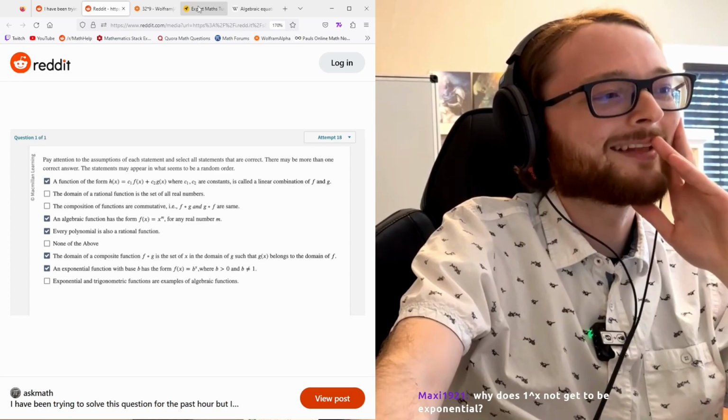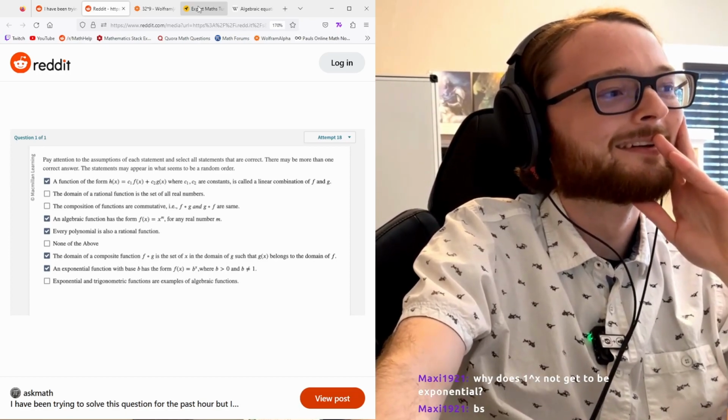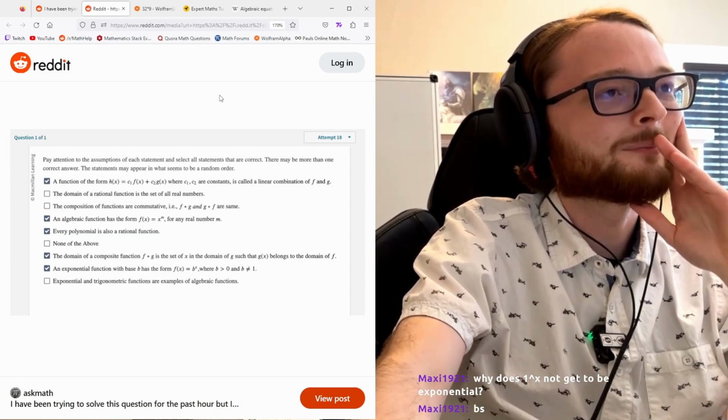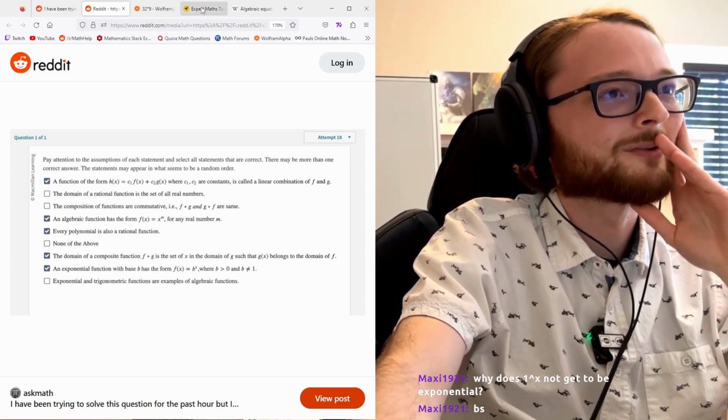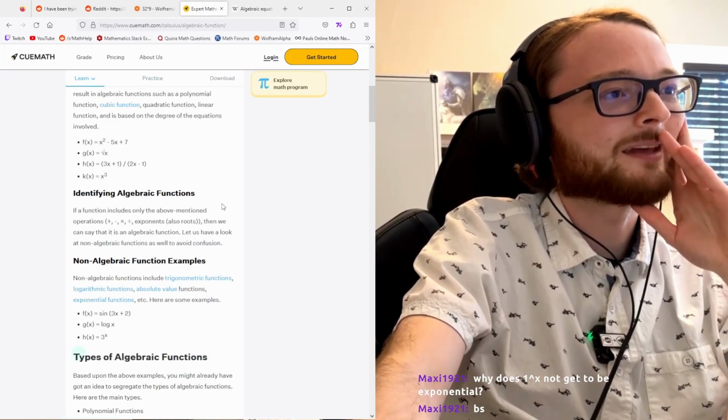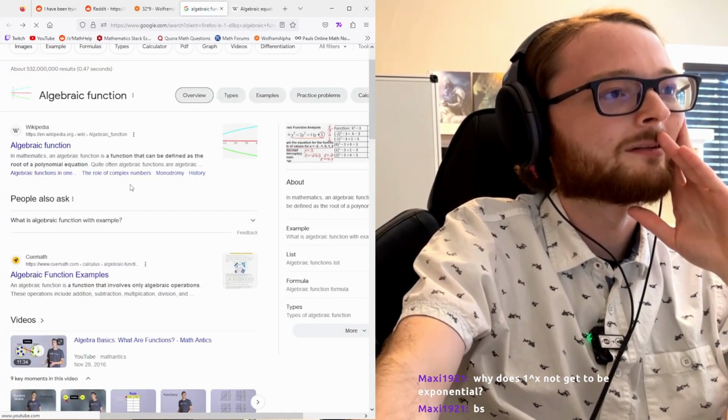Yeah, Maxie, that's a huge injustice for one. I assume it doesn't make sense with 1 to the infinity, but you don't technically have infinity, I guess, so it should still work. But I assume that one should be wrong as well, right?